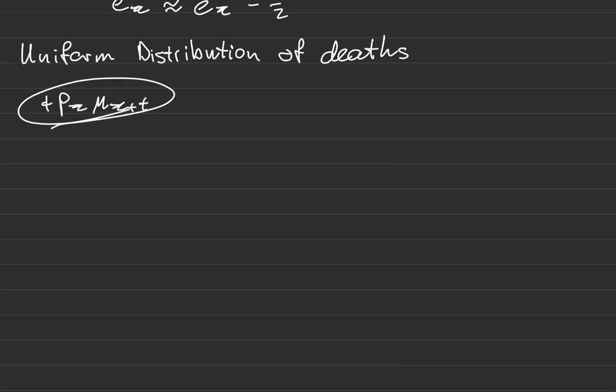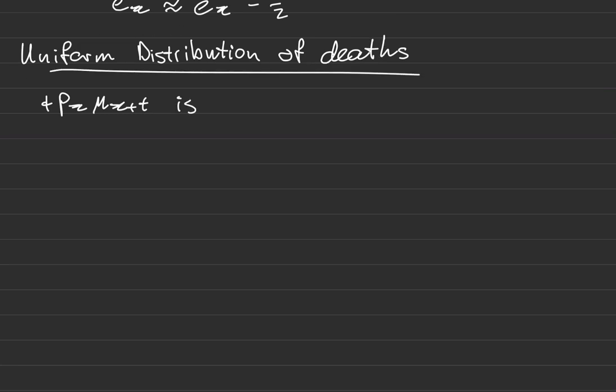That's the probability density function of the complete future lifetime of a life now aged x. So this is the PDF of that random variable. This, under uniform distribution of deaths, is constant between integer ages, where x is an element of the integers.